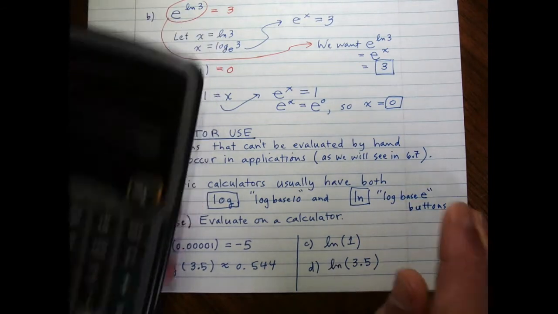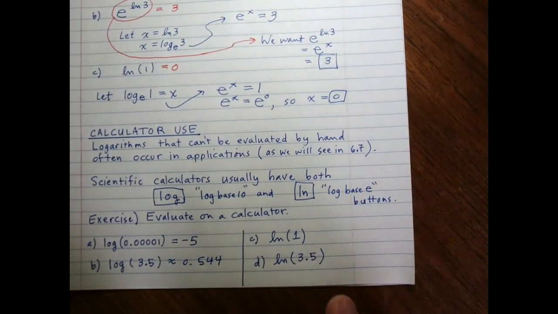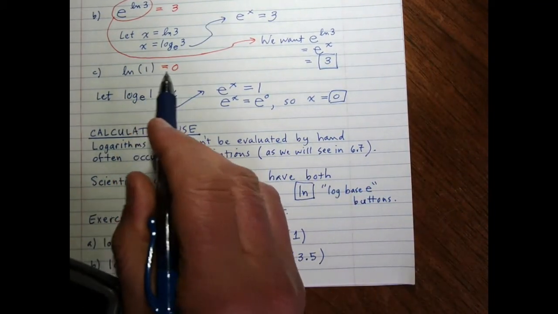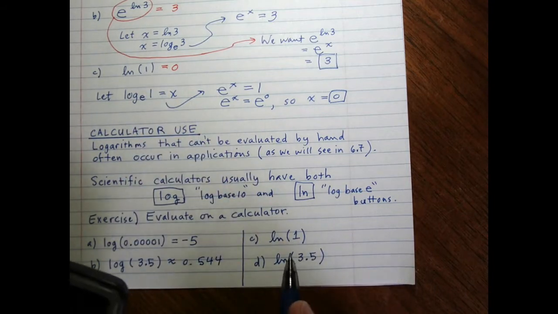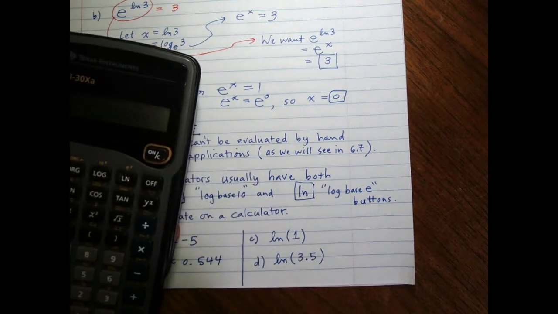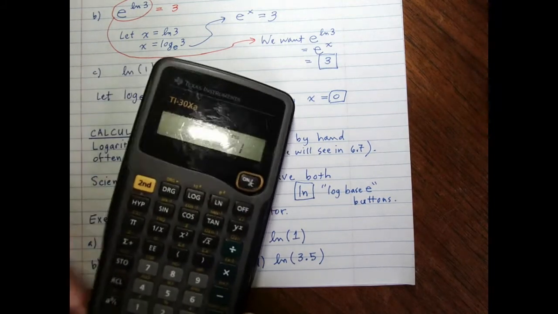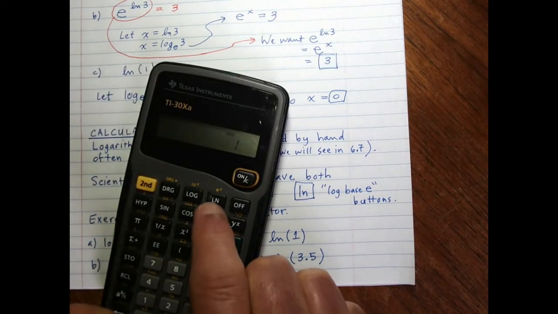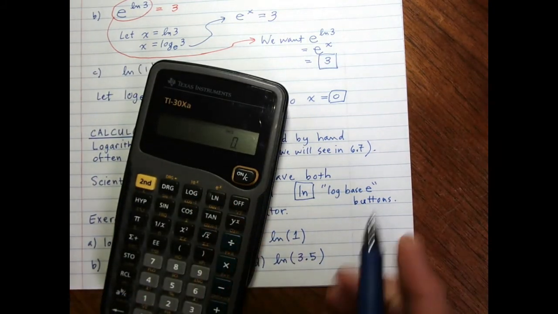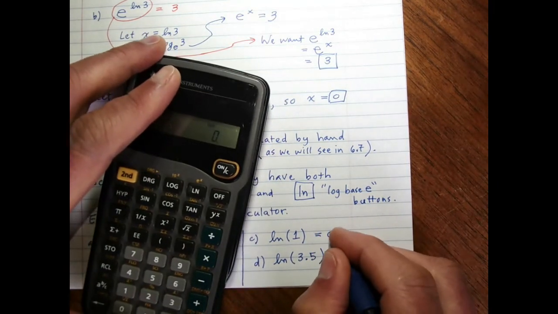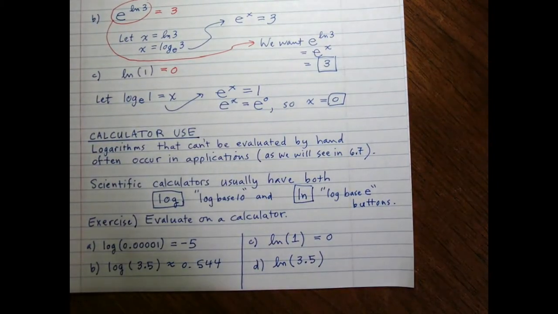Also, I have ln of 1, and well, we already know what ln of 1 is. We just did that in C, but let's test our calculator here and see if I put in 1. And now I have an ln button, so if I hit ln of 1, sure enough, I get 0, so that just confirms what we already figured out by hand.